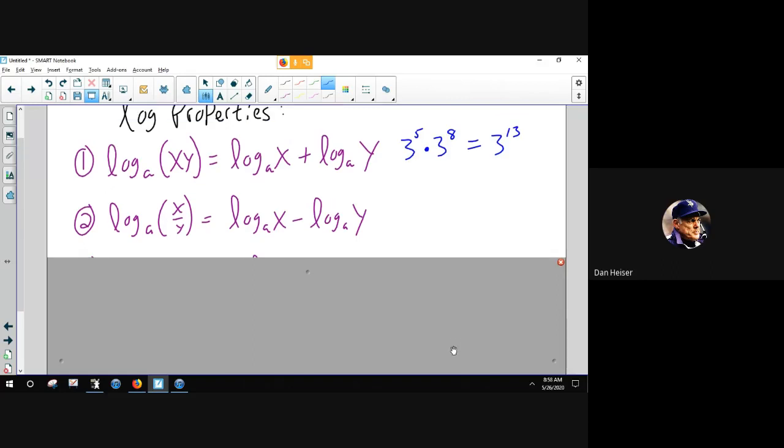Log quotient property. Log of some base of this quotient is equal to the difference of the two logs.